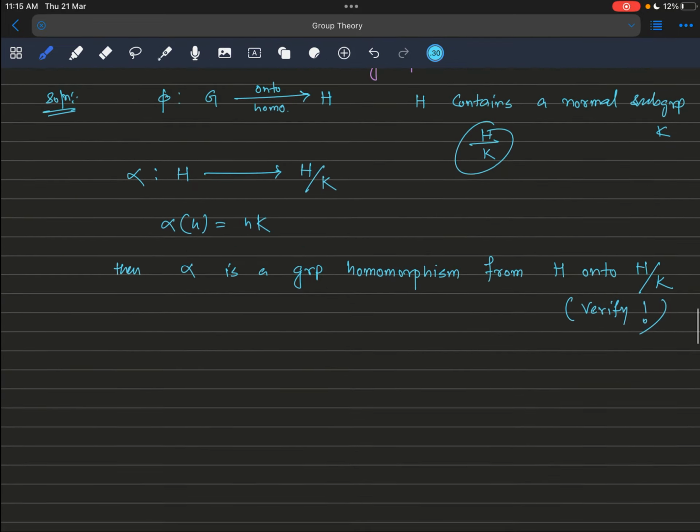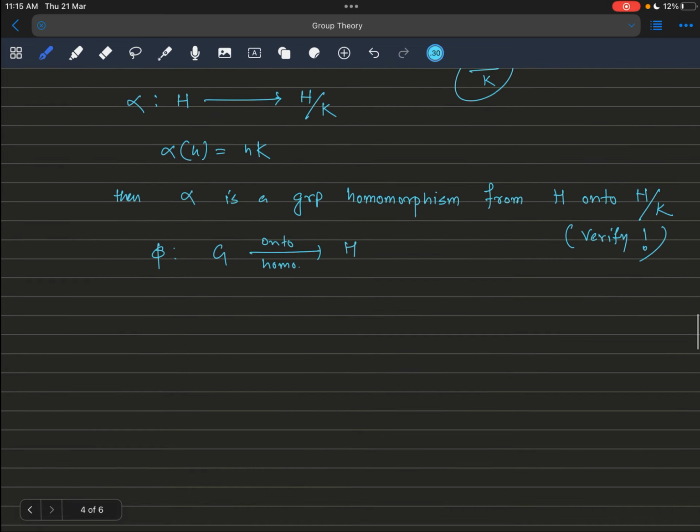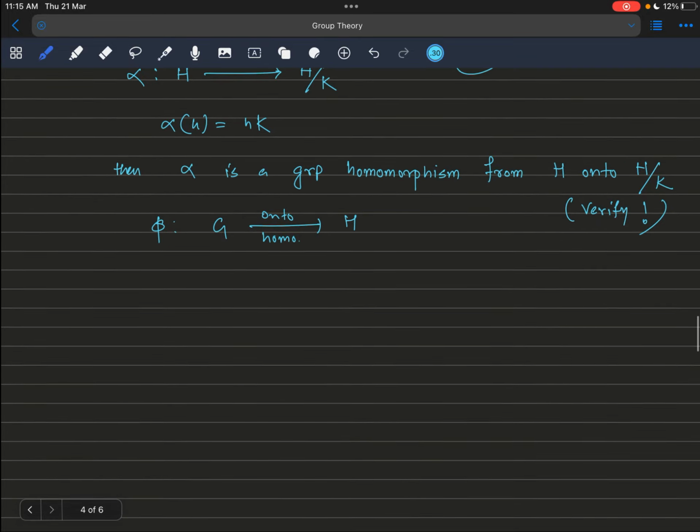And we are given that phi from G to H is an onto homomorphism. We know that the composition of two group homomorphisms is a group homomorphism.